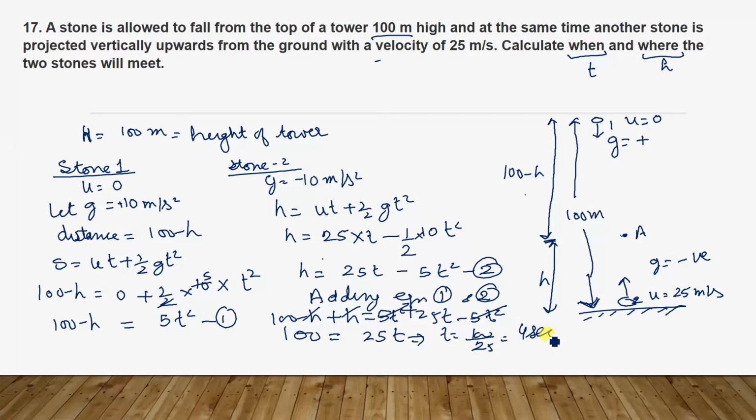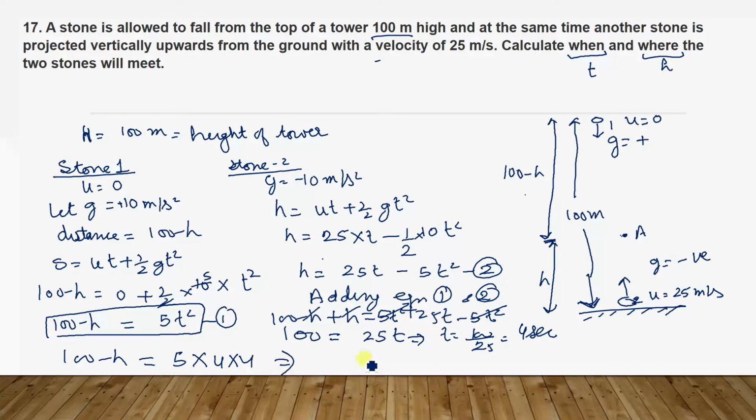Agree, students? So by substituting this value of t, we can find h. Here we can substitute the value of t. So what you get is 100 minus h equals 5 into 4 square.